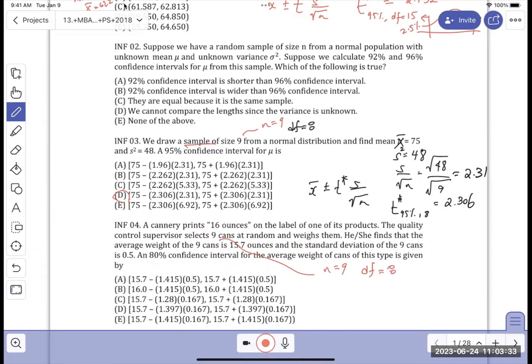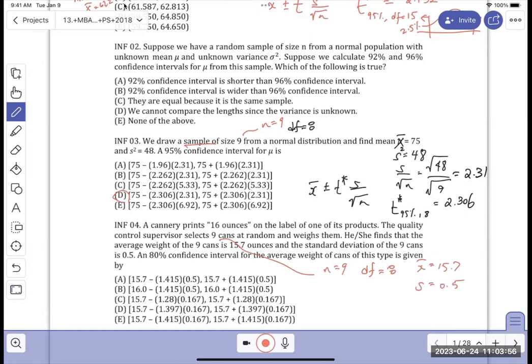The average weight of the 9 cans is the sample, right? So X bar is 15.7 ounces and the standard deviation is 0.5.